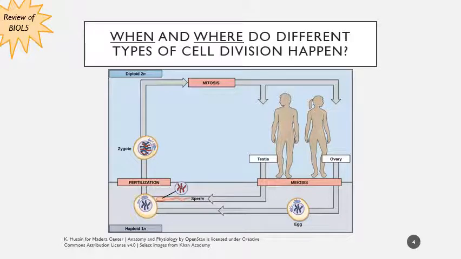Remember that the process of mitosis, of making exact copies of cells where your amount of DNA doesn't reduce, happens throughout our life from the time we are single-celled zygotes through adulthood, and it's constantly happening at different rates in different body tissue. When we go through the process of meiosis, that's spermatogenesis in the testes and oogenesis in the ovaries.